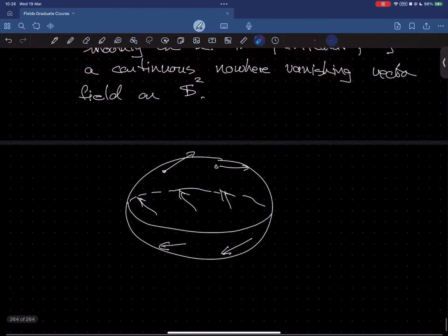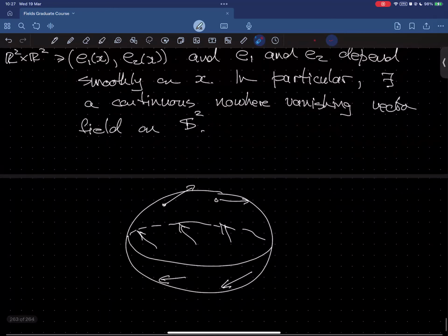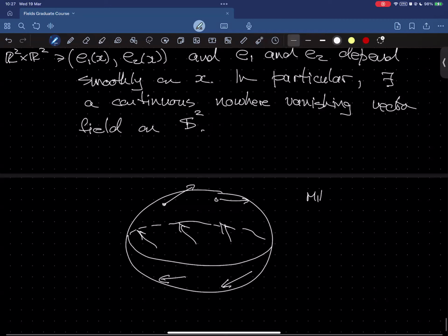Okay. There are various ways of proving the Hairy Ball theorem. Most of the standard ones involve algebraic topology. But there's a nice paper by John Milnor in the American Mathematical Monthly where he proves the Hairy Ball theorem just using elementary analysis.